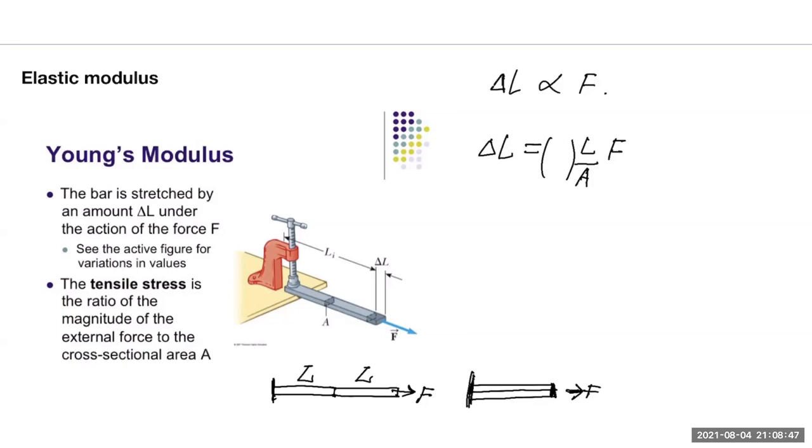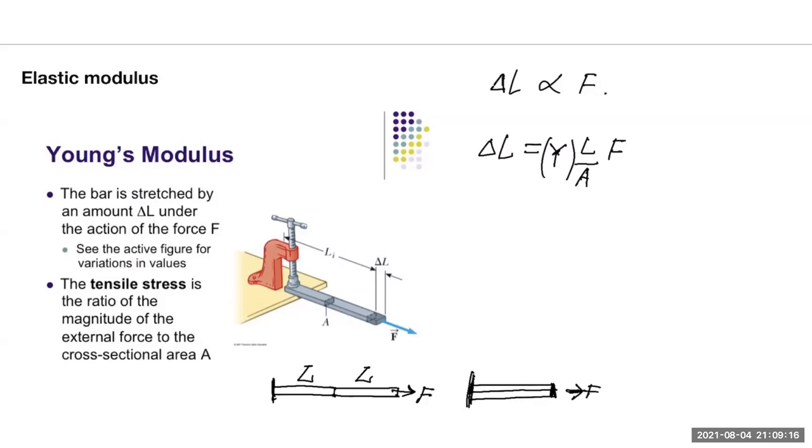Now suppose I introduce a constant which gets greater when the material is stronger. I'm going to call that constant y, but I'm not going to put a y just like this, because that would mean if y is greater, then delta L is also longer, and therefore the material is actually weaker, don't you think?